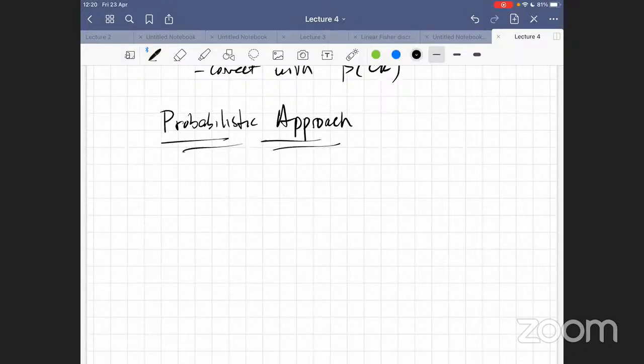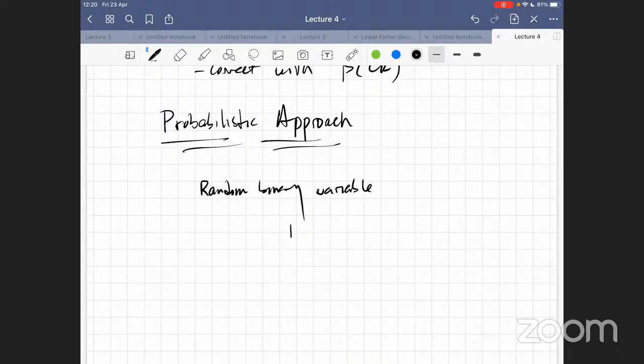Let's go now to the probabilistic approach. Remember from the first lecture the way we know how to handle a random binary variable.